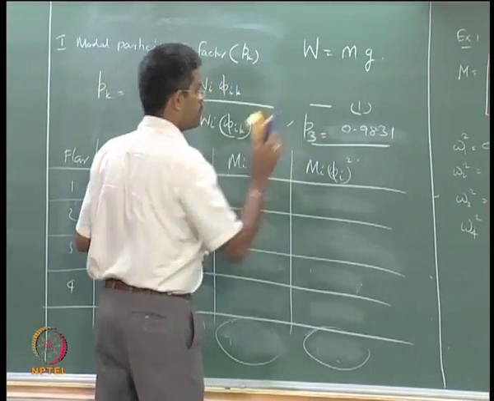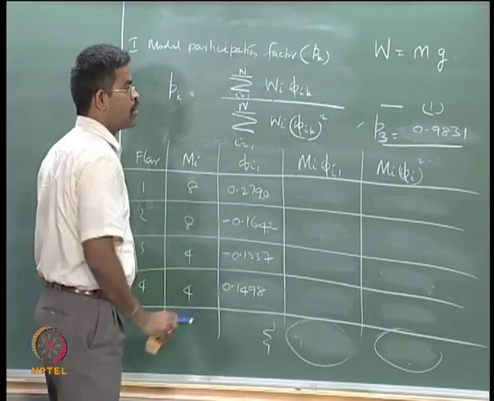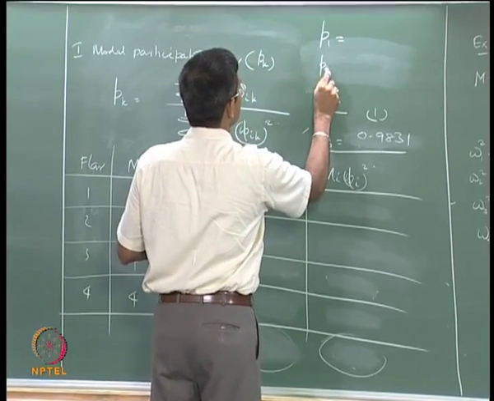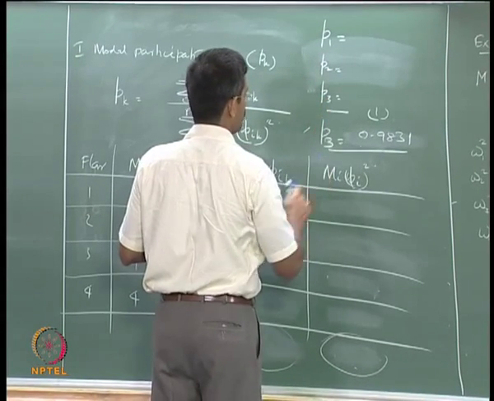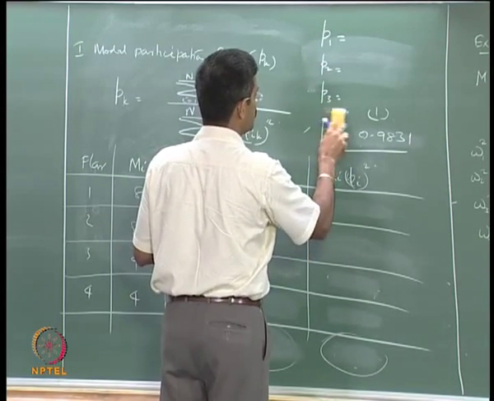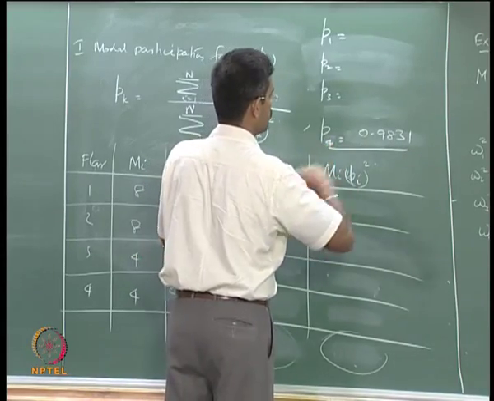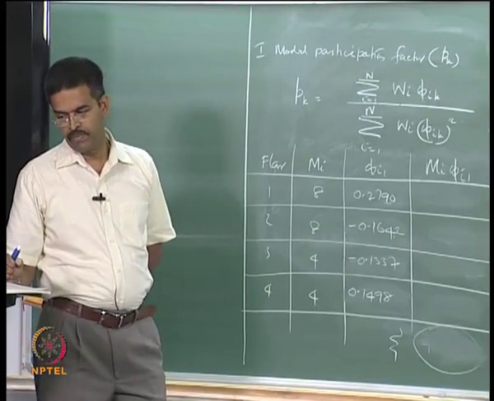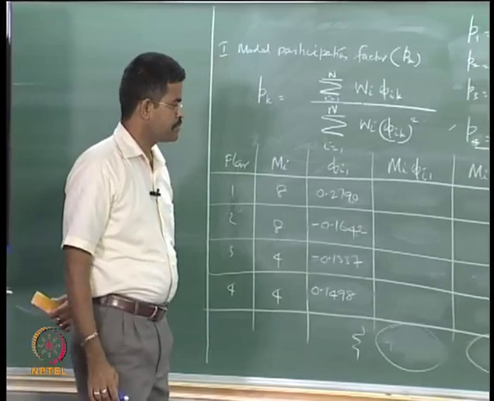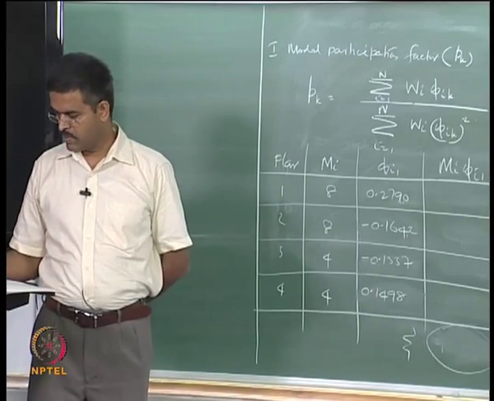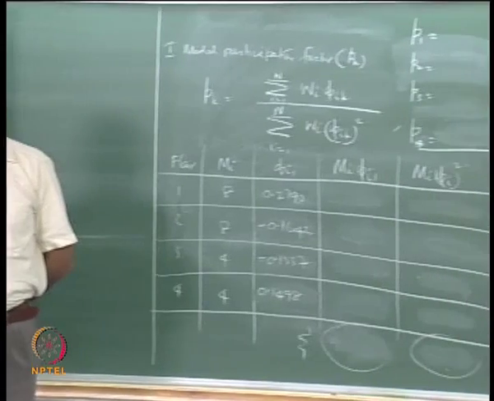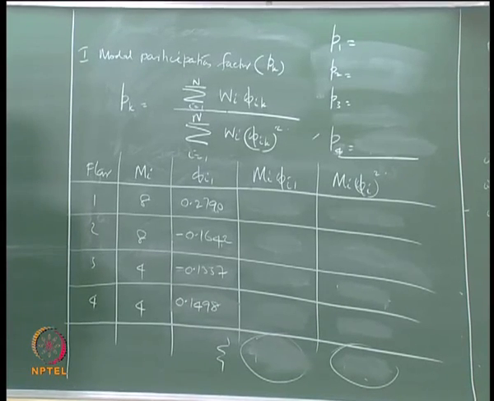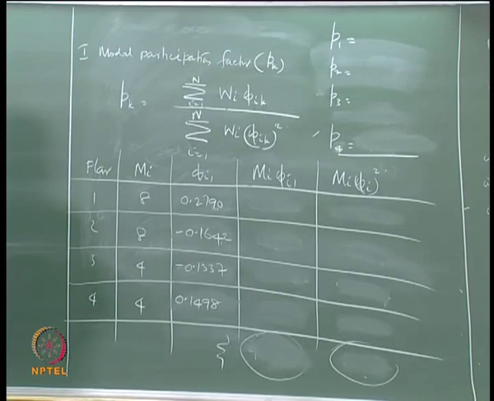So 0.9831, and what is P4? I will replace this in the fourth column, give me the value of P4. All values are becoming positive, is it?